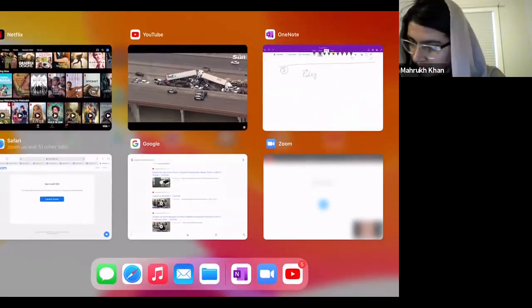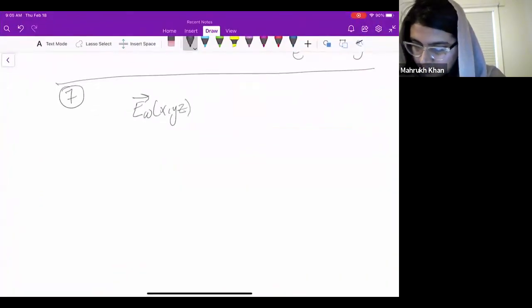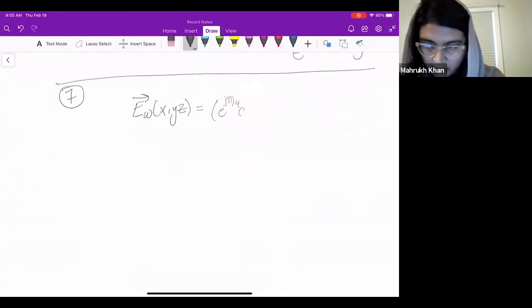So this will be equal e to the j pi by 4 a_x minus e to the minus j pi by 4 a_z, e to the j pi y.